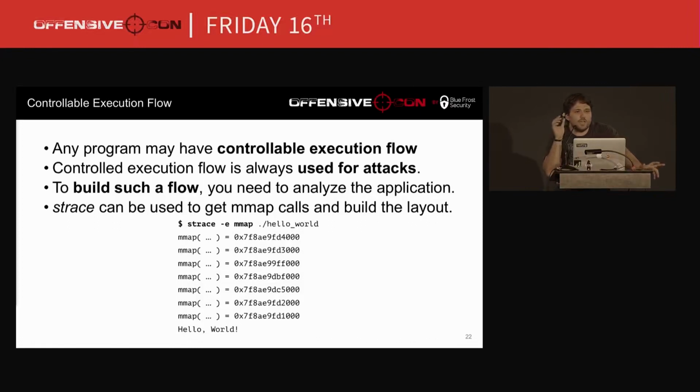For example, in any attack, when you use a use-after-free vulnerability or something else, you make some flow to get all objects into memory the way you want. We will use this to build such a flow, and we will take a look at what's going on in the application from its beginning. To do so, we will use strace, just to see what's being called and what the layout is.